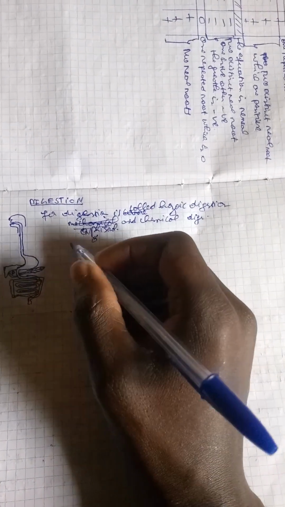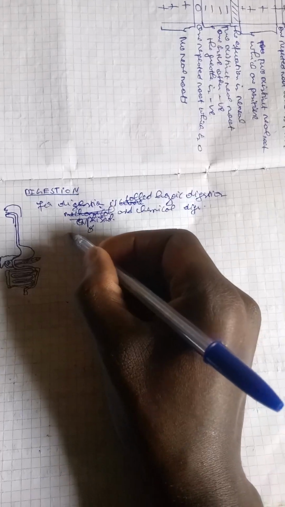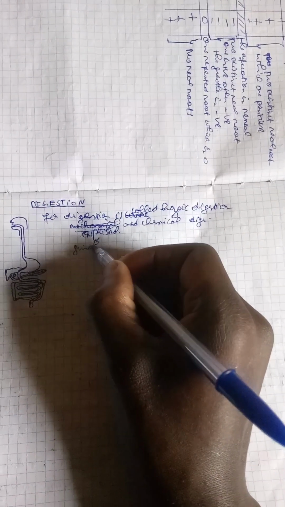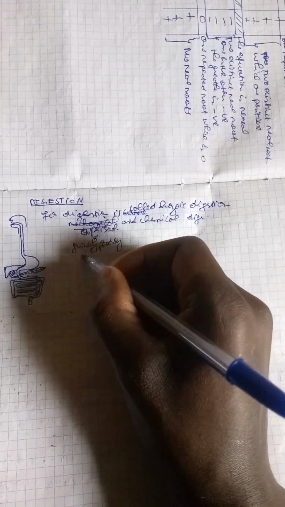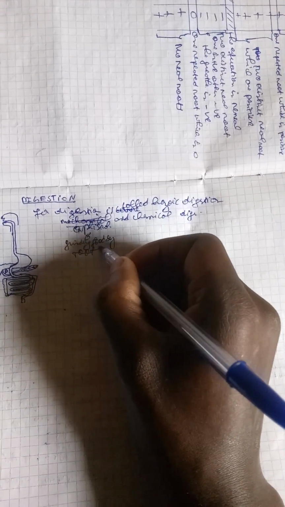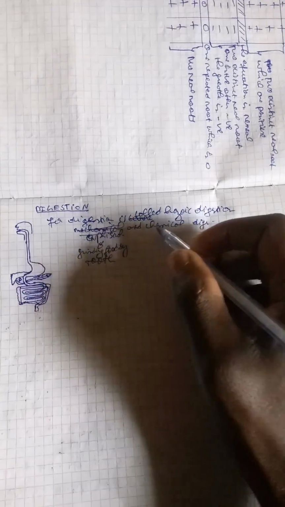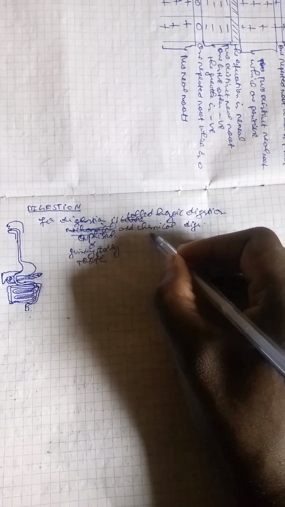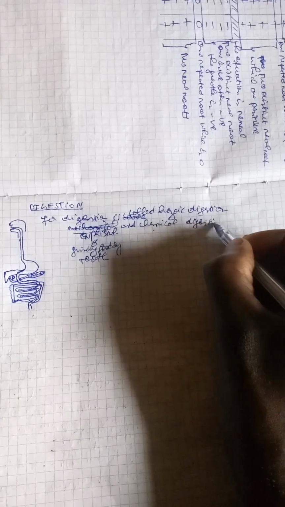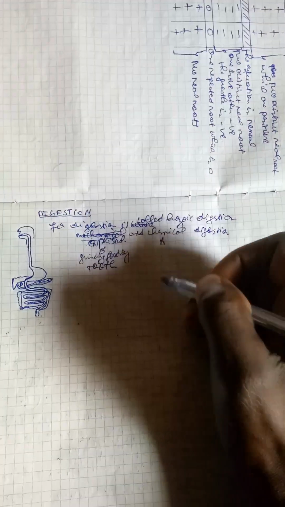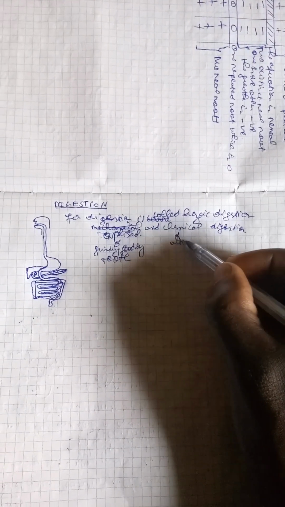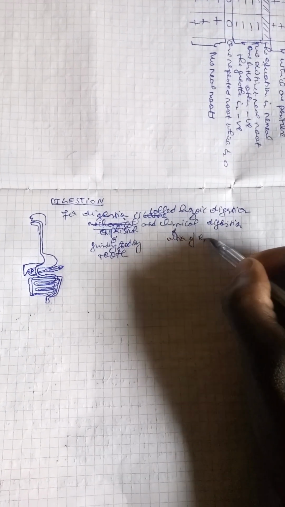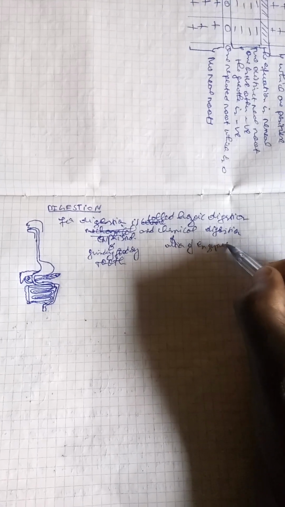This is an action like grinding food by teeth. While chemical digestion is the action of enzymes on the food.